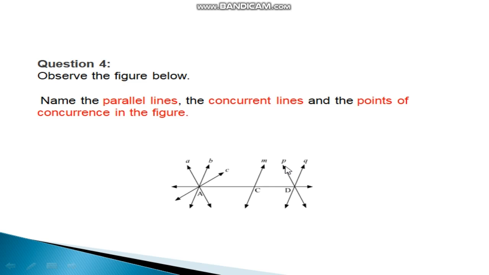Can you see? Line P, line Q and line AD are passing through a point D. Therefore, line P, line Q and line AD are concurrent lines and the point of concurrence is D.